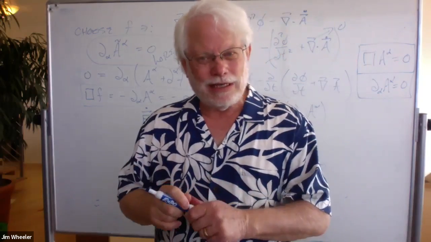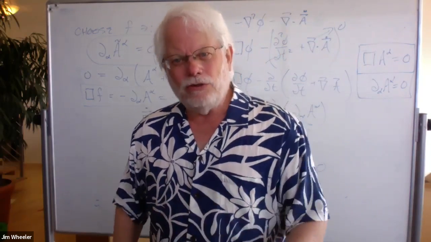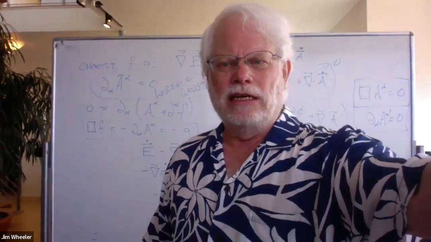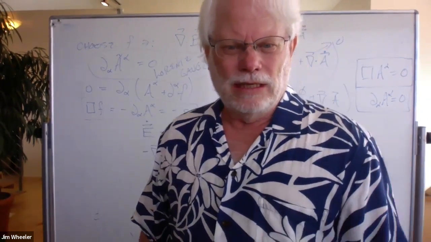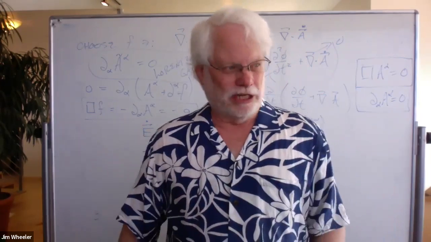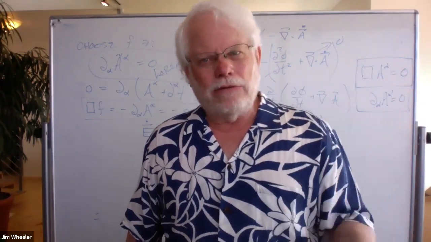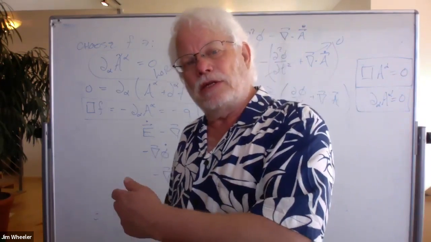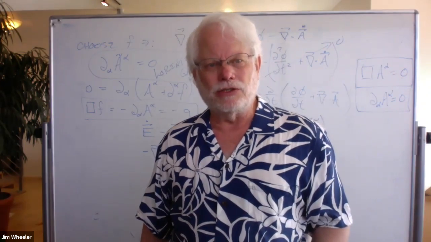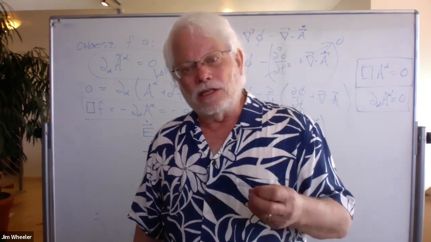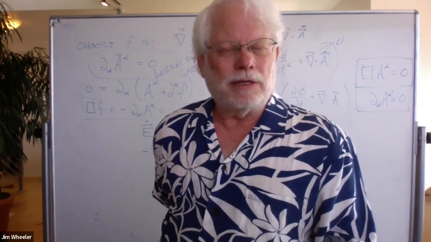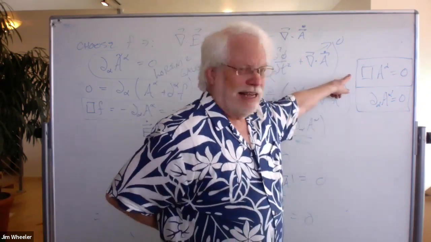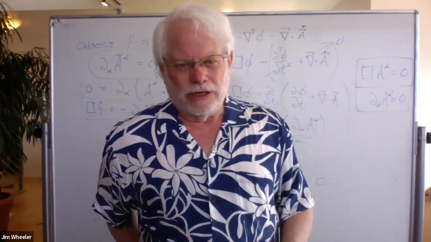So look what we've done here. We've solved the two homogeneous Maxwell equations by introducing potentials. We can do that in any suitable region. Then rewriting the remaining two Maxwell equations in terms of those potentials, we find that we can use our freedom in choosing the vector potential to make it satisfy the simple wave equation.